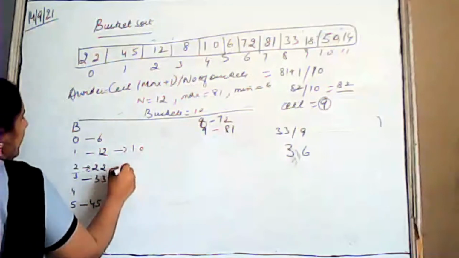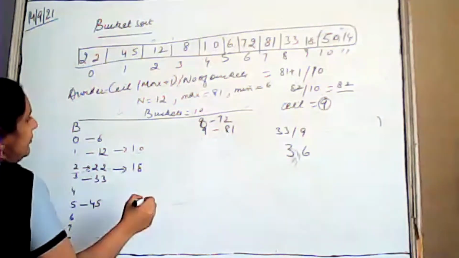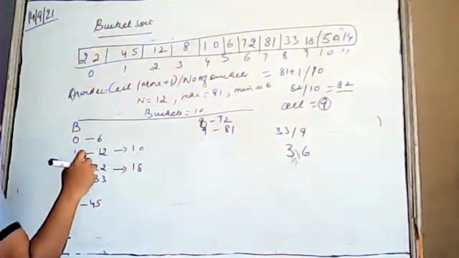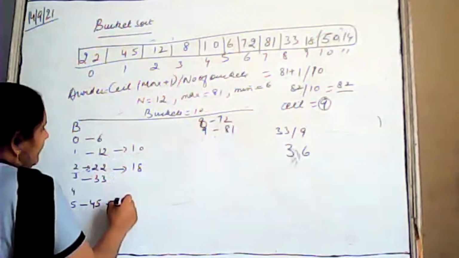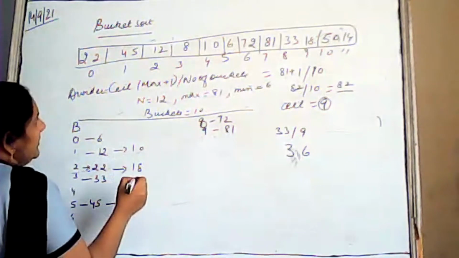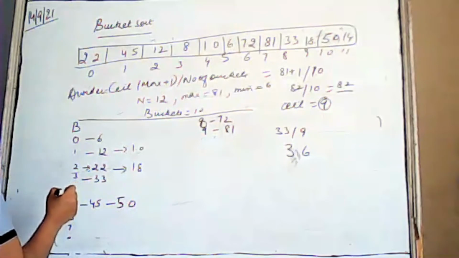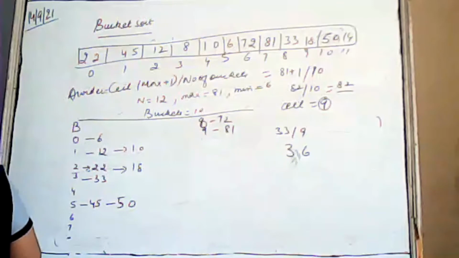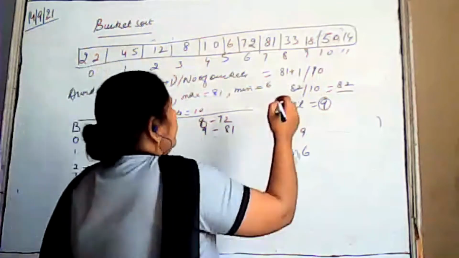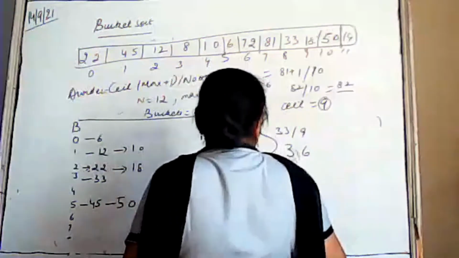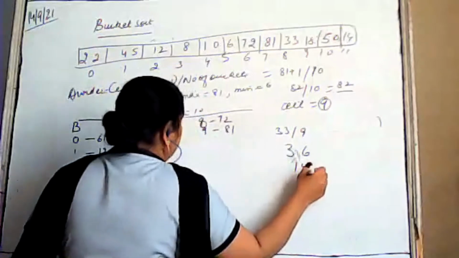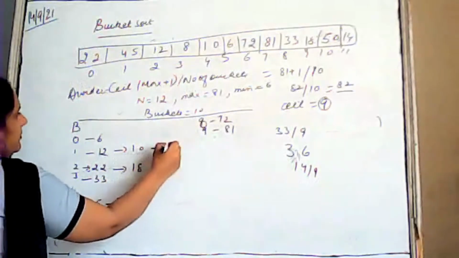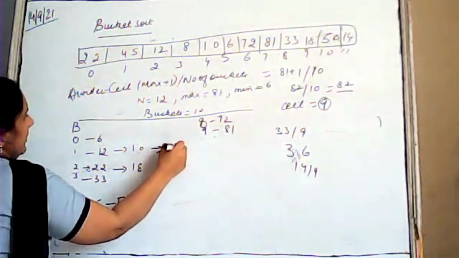So give it to the second bucket. Then 50. 9 5s are 45. Give it to the fifth bucket. Then is number 14. So 14 by 9 is 1. So give it to the first bucket here.